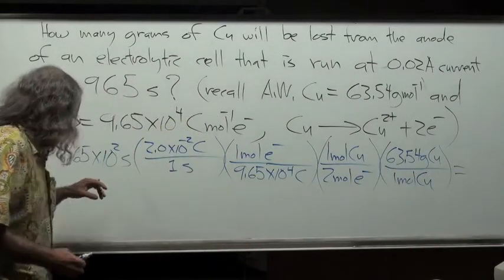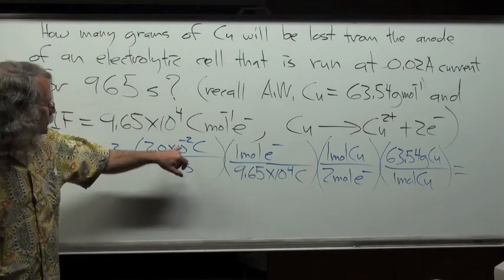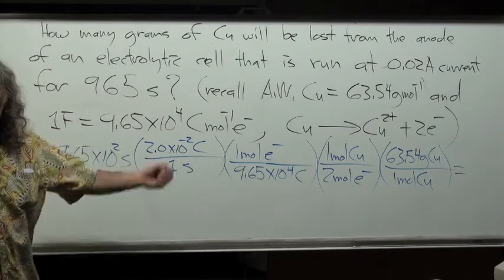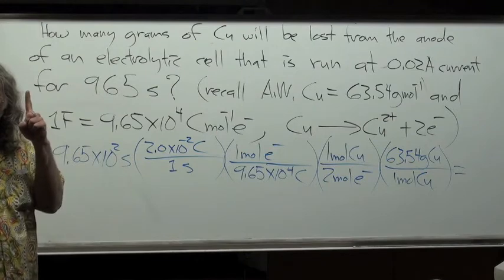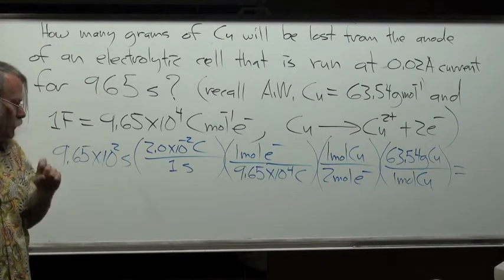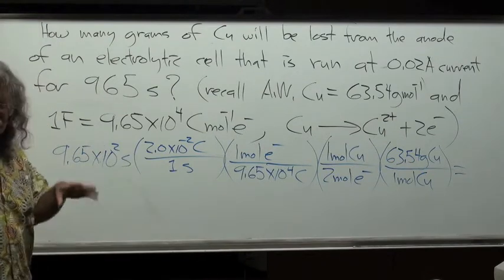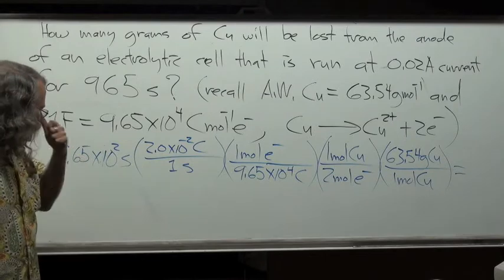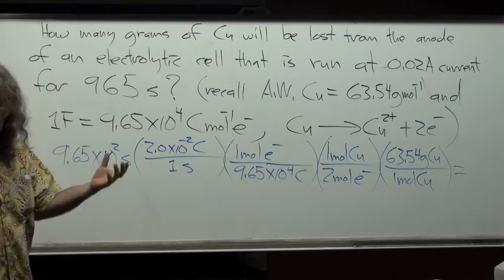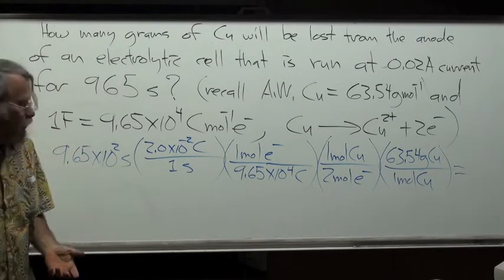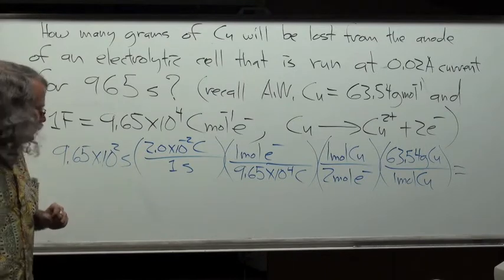Well, 10 to the 2 times 10 to the minus 2 is what? 0.1. It's not quite enough. Well, 10 to the 0, which is 1. Okay, very good, thank you.